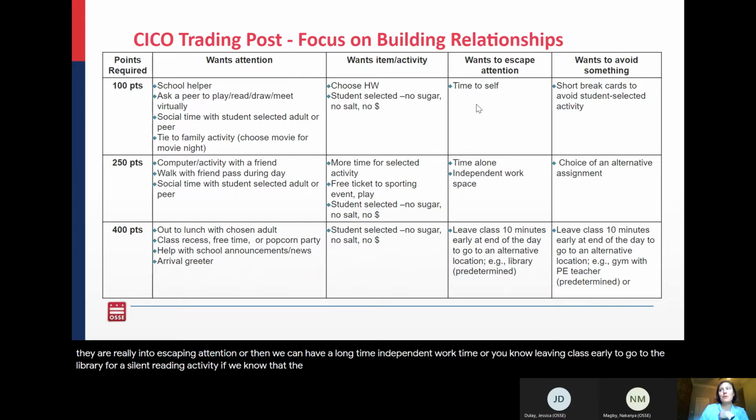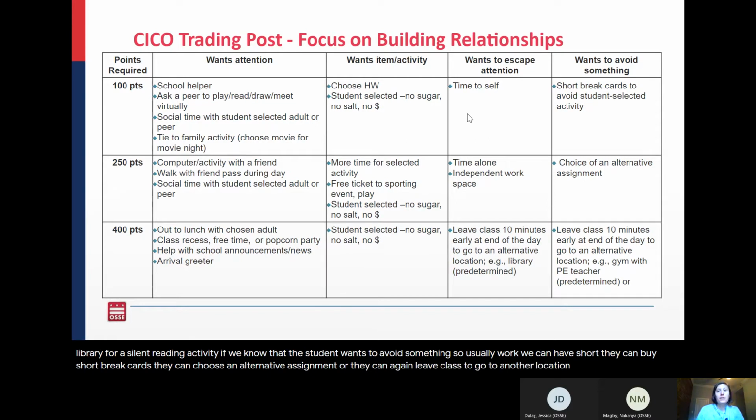If we know that the student wants to avoid something, so usually work, they can buy short break cards, they can choose an alternative assignment, or they can again leave class to go to another location, maybe with a chosen adult.